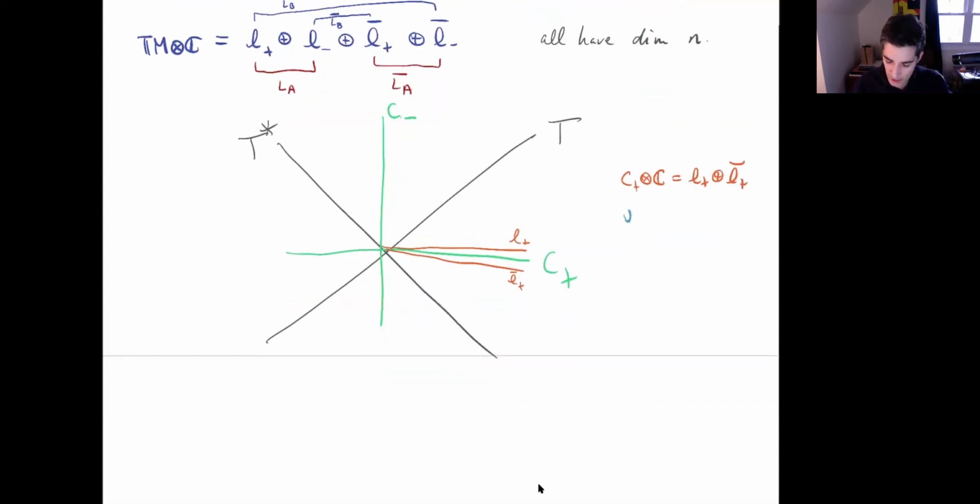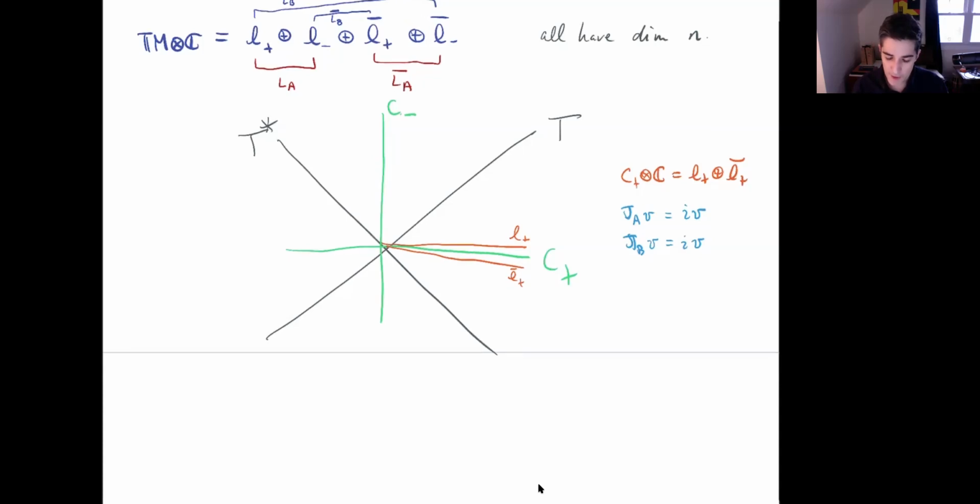suppose that J_A V is equal to iV and J_B V is equal to iV as well. Then that means V is in the complexification.